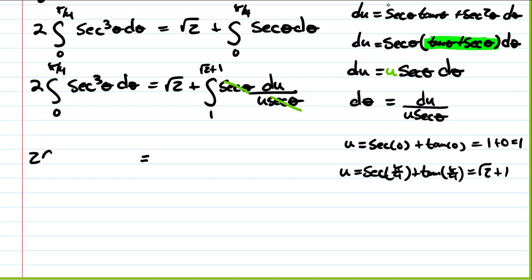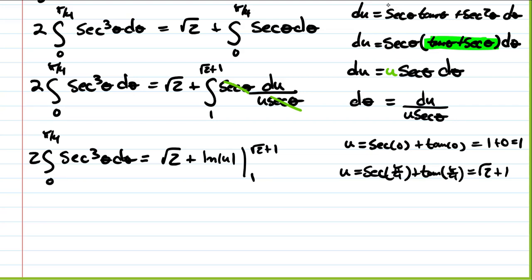So we get 2 times the integral to pi over 4 of secant cubed theta d theta equals square root of 2 plus, and the antiderivative of 1 over u is the natural logarithm of the absolute value of u, evaluated from 1 to the square root of 2 plus 1.